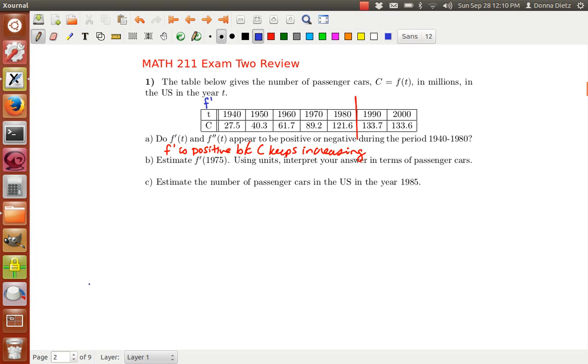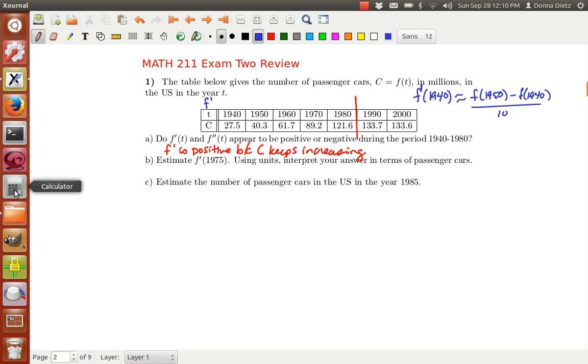And when I say F prime of 1940, I'm going to use the approximation F of 1950 minus F of 1940, and that's going to be over 10 because there's 10 years in between them.